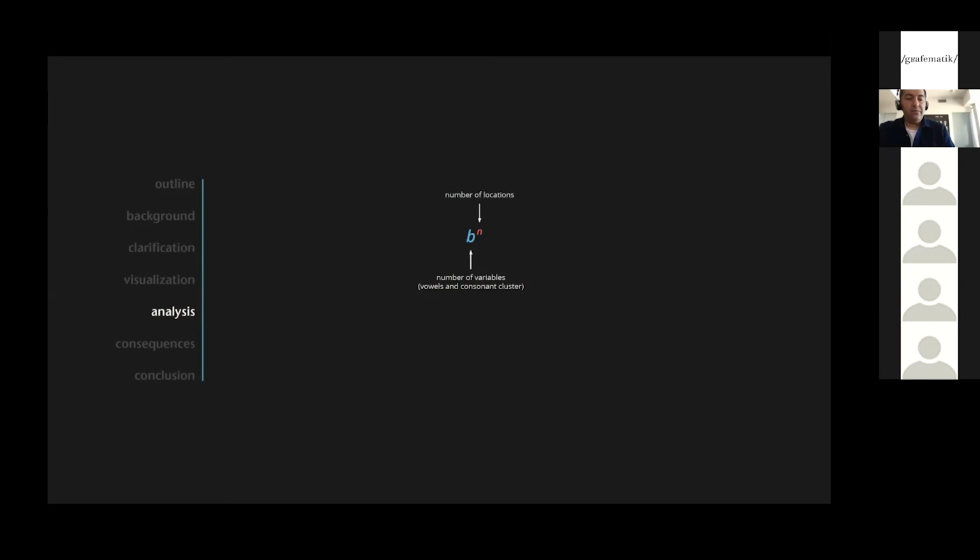In B to the power of n, the B or base is the number of variable vowels and consonant clusters, here 4, and the exponent or n is the number of locations we have in any given consonant composition. So if we have 5 letters, the probability will be 4 to the power of 4, a total of 256.